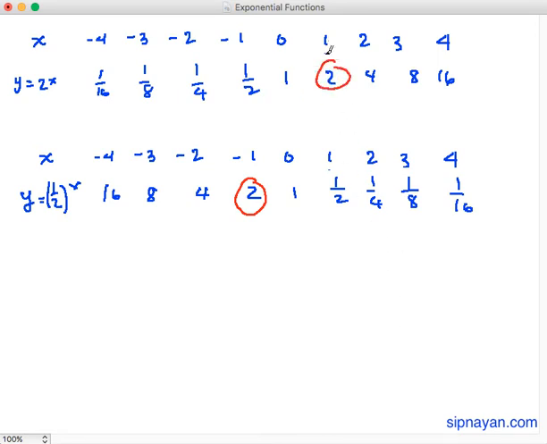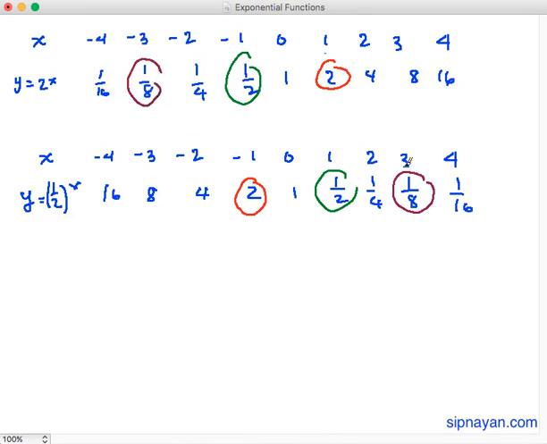For the same y coordinate, what do you notice about the x value? This is 1, this is negative 1. Therefore, this point with coordinates 1, 2 is a reflection of these points along the y-axis. Let's choose another number, 1/8.